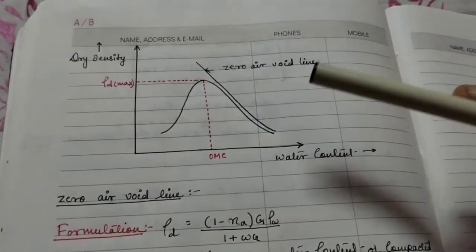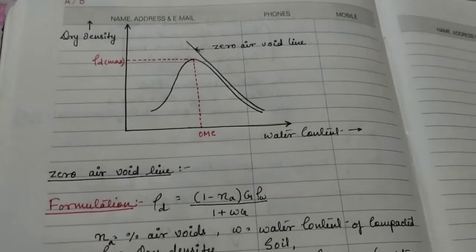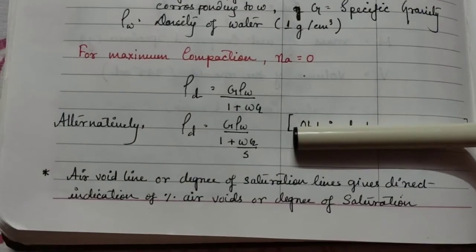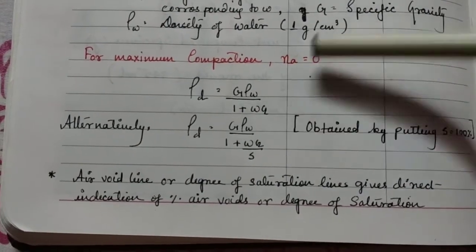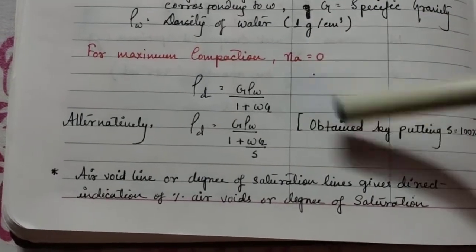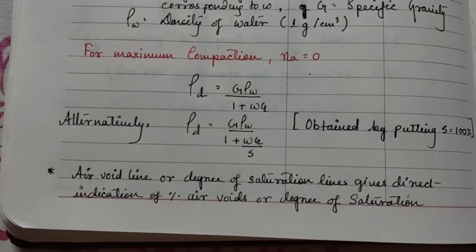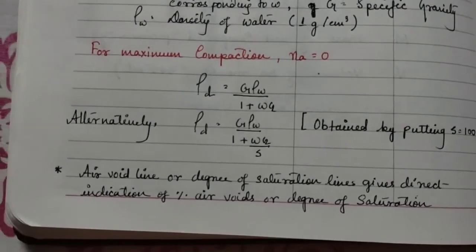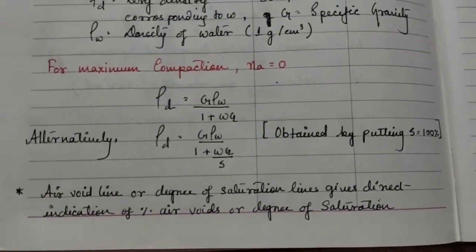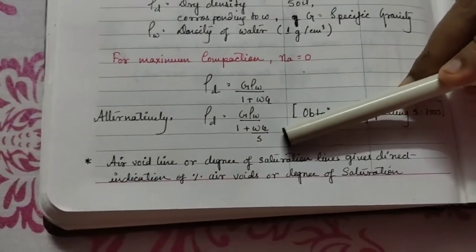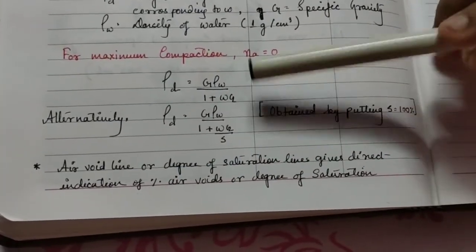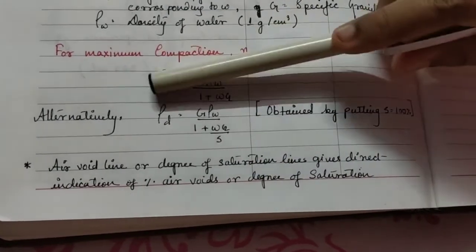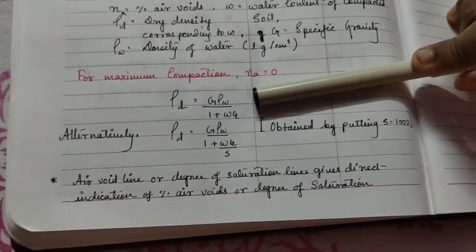Alternatively, we can also use this equation, where rho d is given by G rho w by 1 plus wG by S. You have already studied this relationship in the previous soil mechanics class, where S is the degree of saturation. So when we put the degree of saturation as 100%, we can easily achieve this formula. That means putting S equals 100, we can again achieve the previous formula.